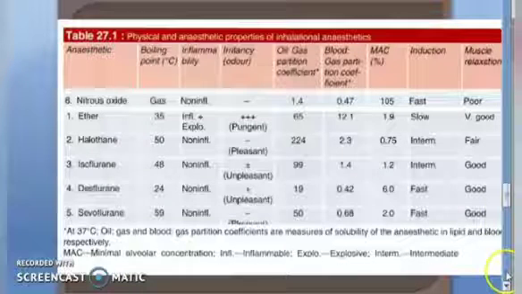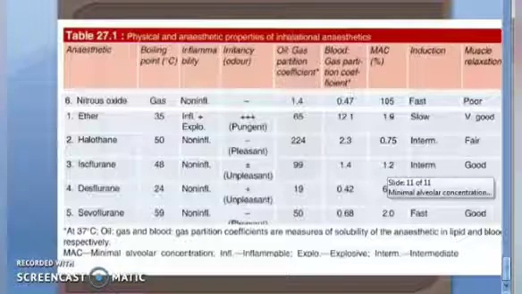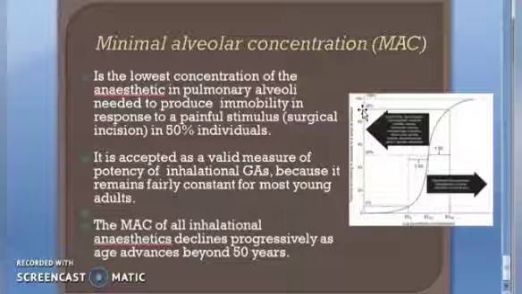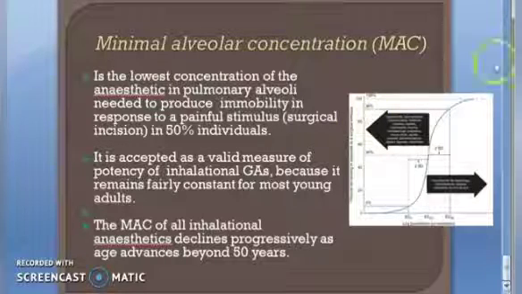So what exactly is this minimum alveolar concentration? See, it is the lowest concentration of the anesthetic in the alveoli needed to produce immobility in a person, okay, in response to painful stimulus.